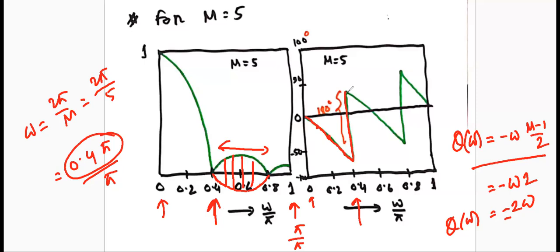And then again you are increasing the value of omega. Omega equals 0.6, 0.7, 0.8. Stop there, because at 0.8 again you have a 0. Whenever you have a 0, you need to add again 180 degrees.